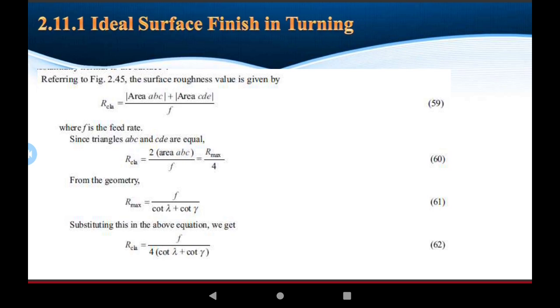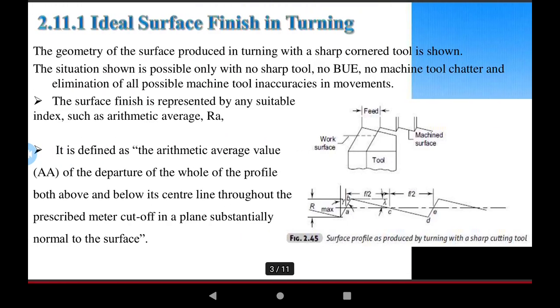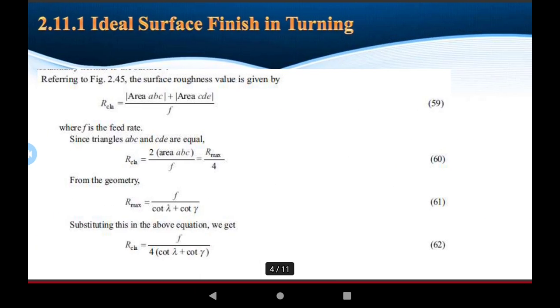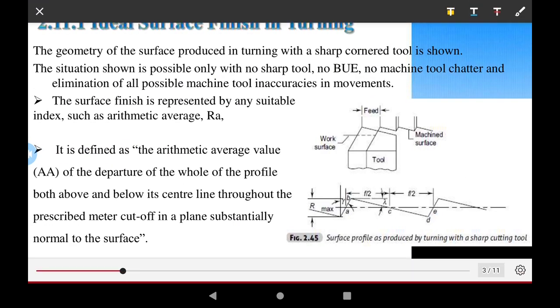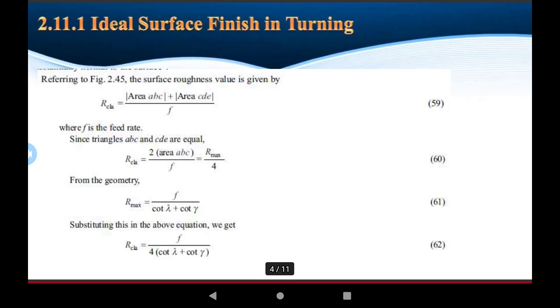The rough surface of the workpiece has the area A, B, C and the area C, D, E, upon F, where F is the feed rate.